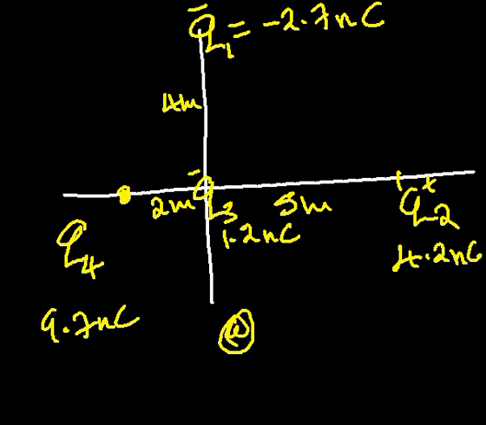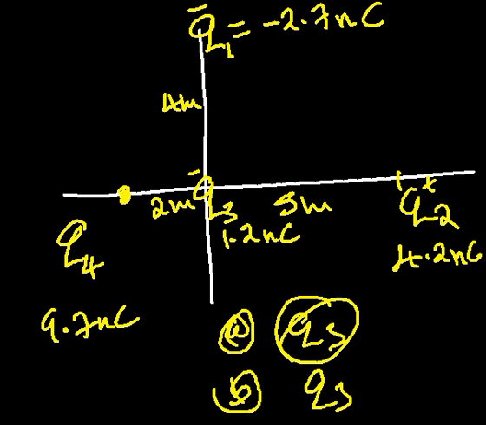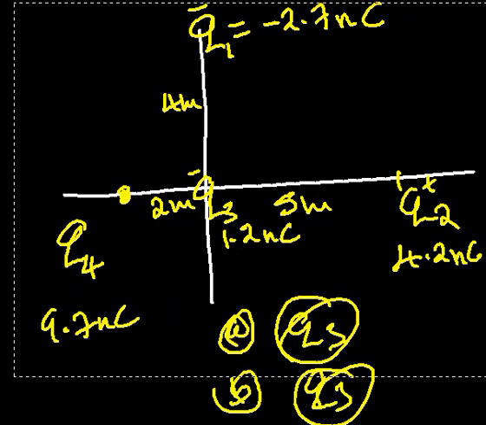Find the electric field at Q3, on Q3. Find the net electric field at Q3 on Q3. So I want to see the differences between the two, actually, from you viewers.